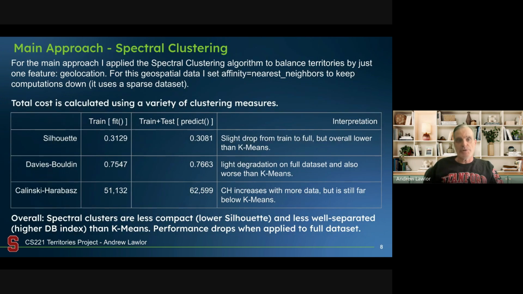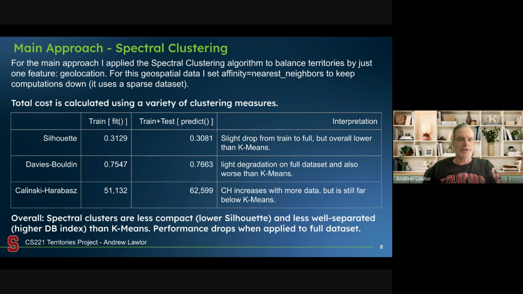Next, for our main approach, we use spectral clustering. The advantage of spectral clustering is that the clusters, territories, do not have to be spherical, so it can find territories that match the data better, including population and geographic features of the data. We use the nearest neighbors affinity to keep the computations down via a sparse data set.